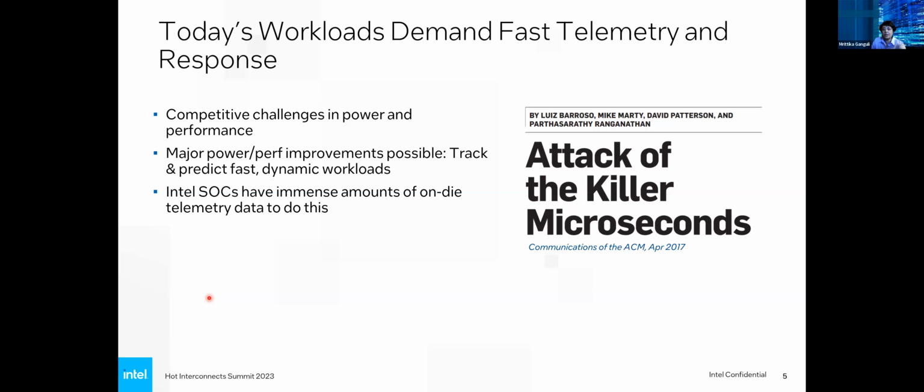Today's workloads demand fast telemetry, and why do they? Because in many deployments, we have fast I/O requirements. Data center workloads nowadays have very short-duration communication patterns that are very latency critical, largely due to the deployment of microservices.